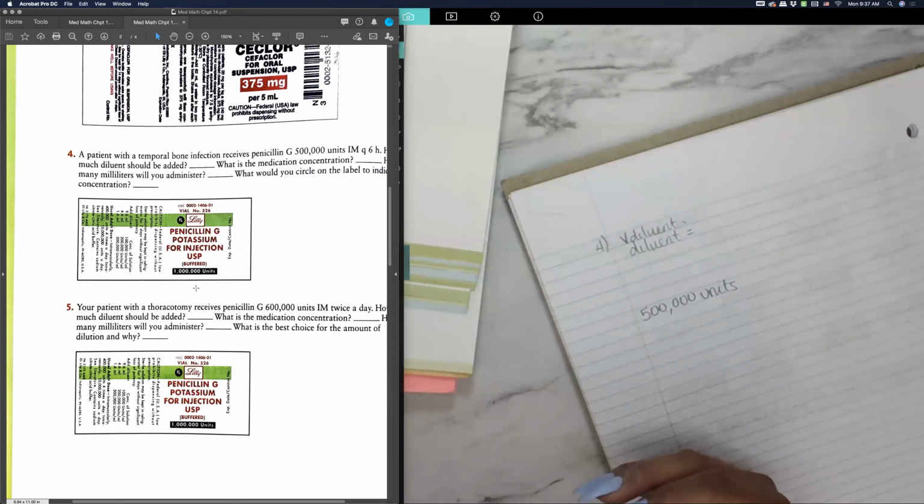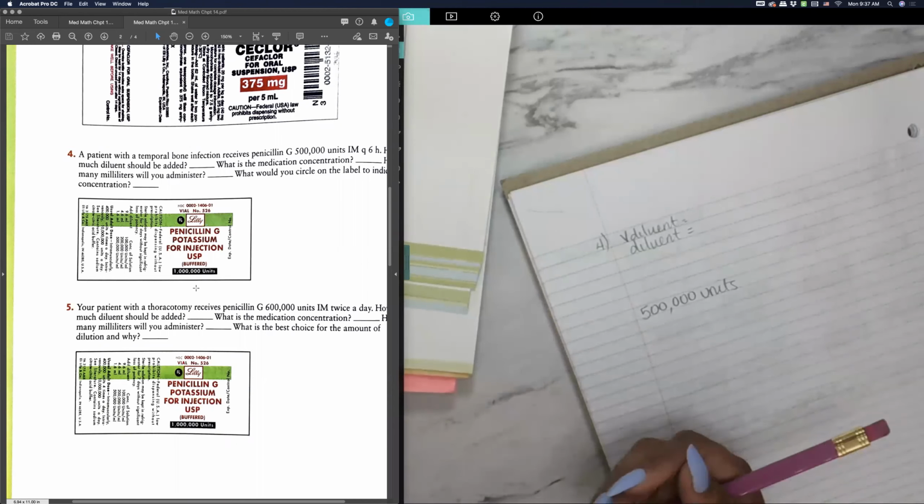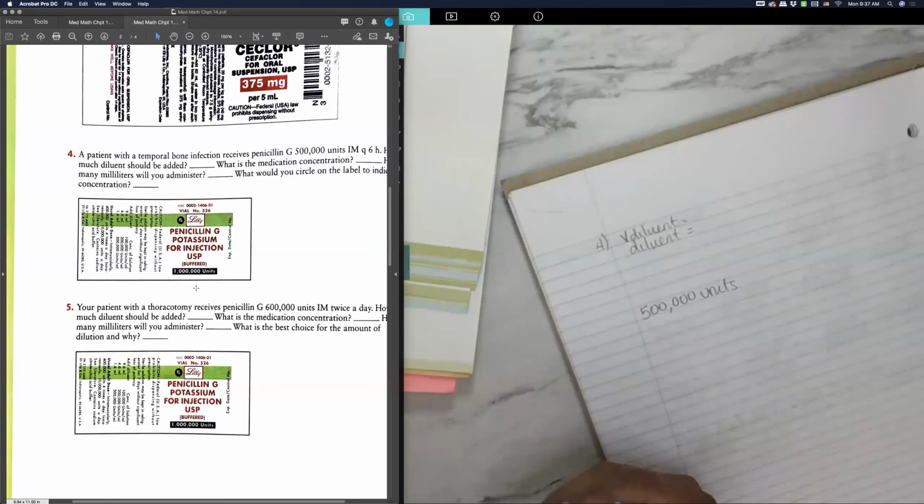If I add 4.6 milliliters of diluent, I get a resultant dosage strength of 200,000 units per milliliter. If I add 1.6 milliliters of diluent, I get a resultant dosage strength of 500,000 units per milliliter.